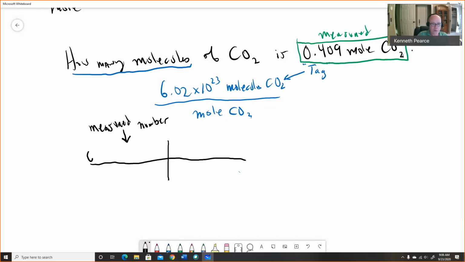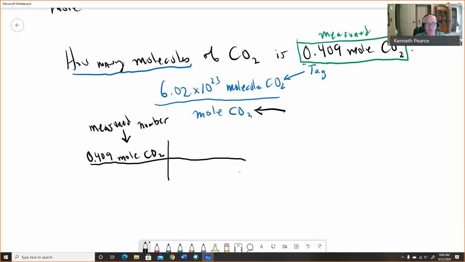And so we say 0.409 mole CO2. And if you remember when we set up problems previously, we always want to set up problems so that units cancel. And the unit is moles CO2. So where do we have moles CO2? They're right here.